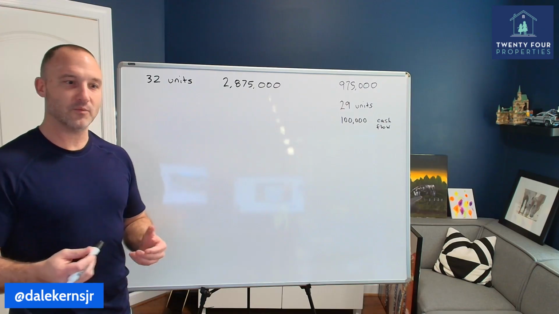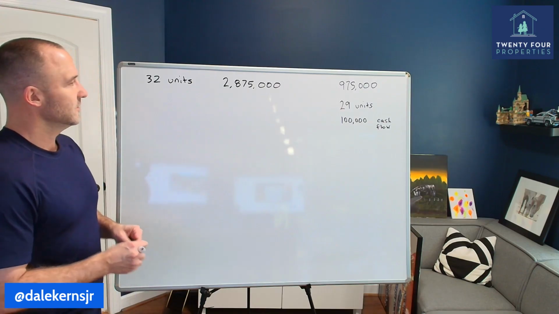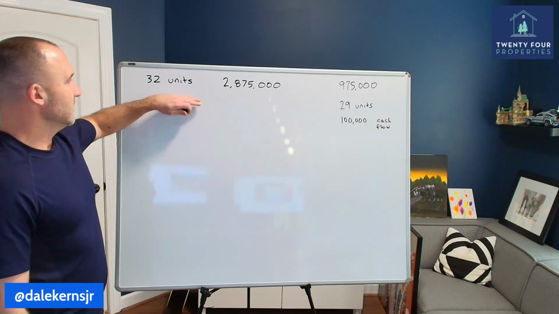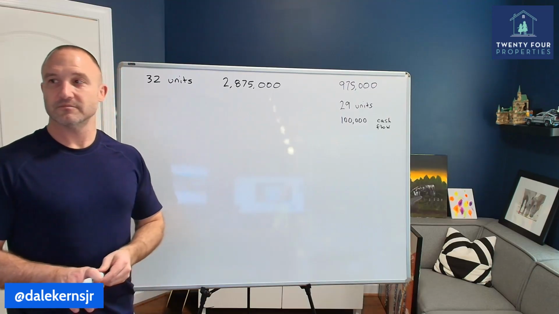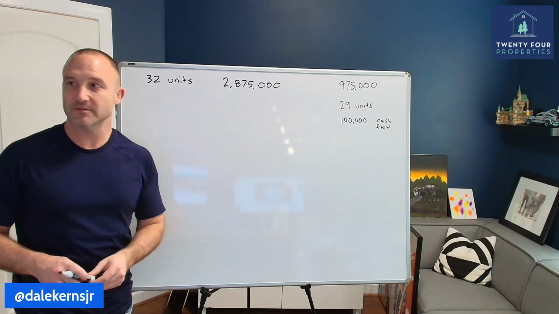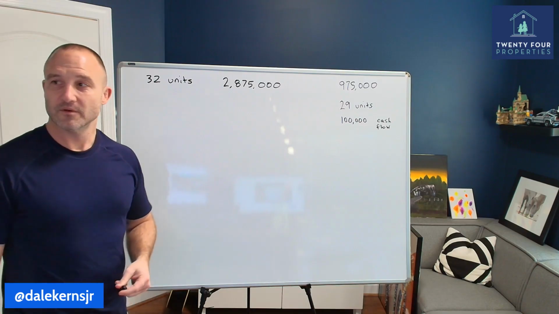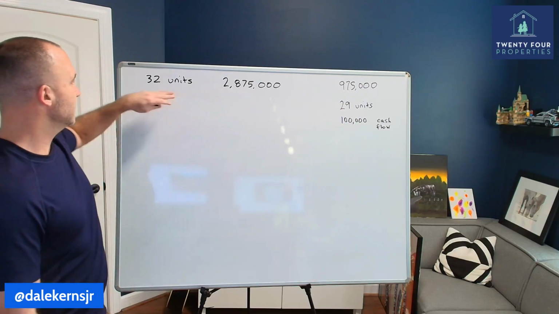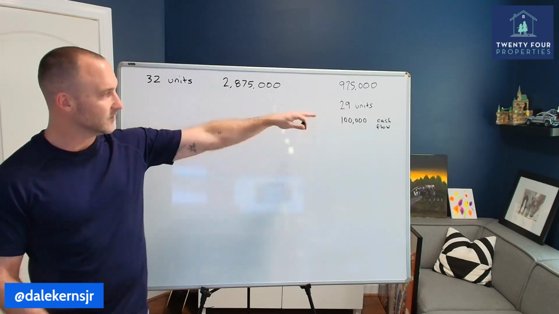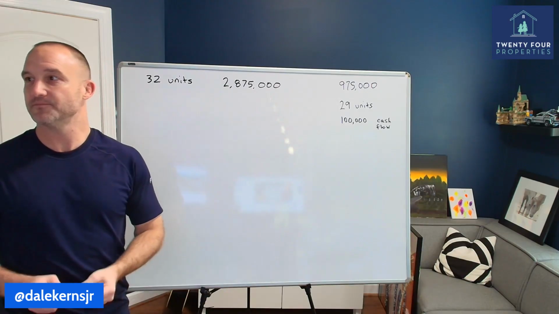A different part of town where it's not as good. And now it could be less expenses, not as much market rent. This is saying it's C class, which makes sense based on the price and the units. This one over here was an A class.